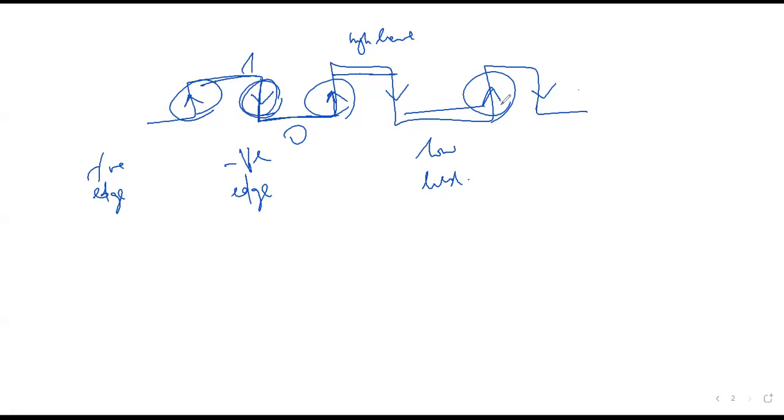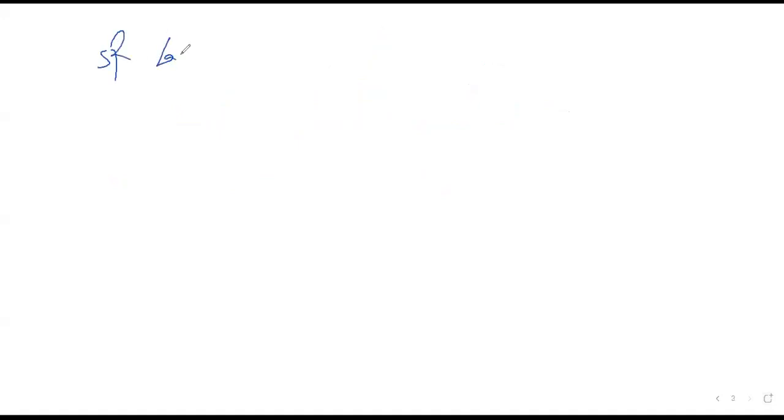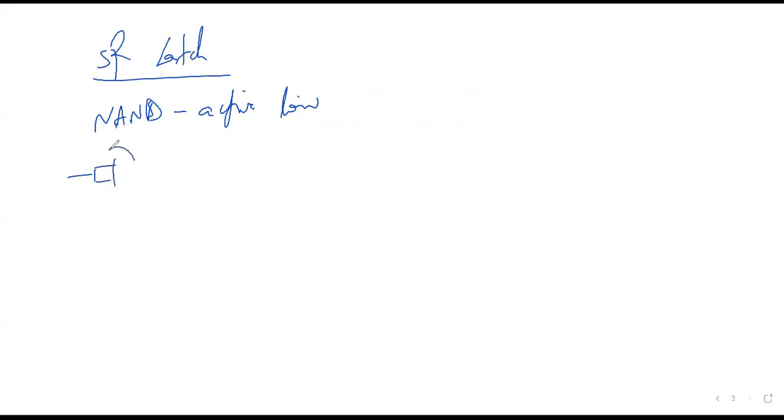Right, we introduced the SR latch. Typically we have the one which is made of NANDs, and we say this one is called an active low SR latch. Why active low? Because what is the input in these two?